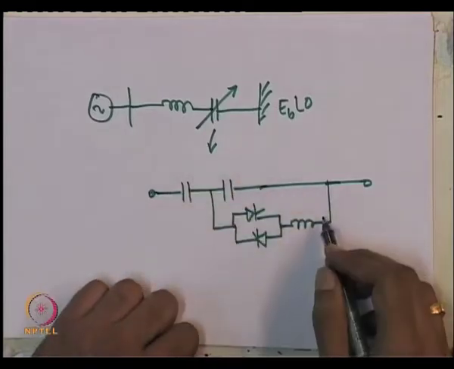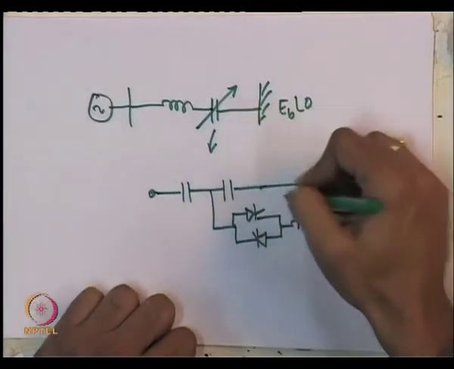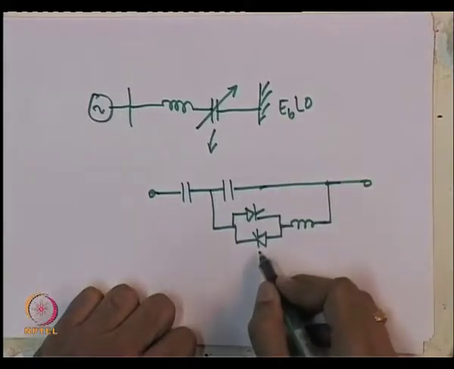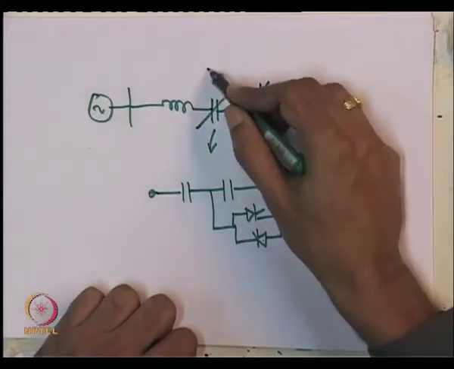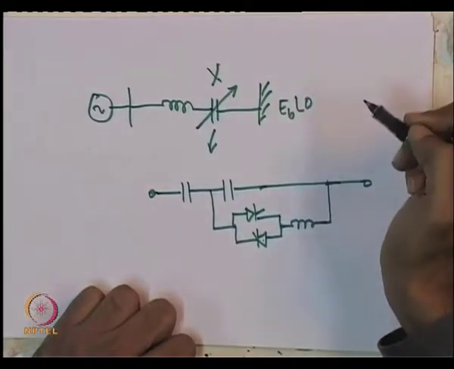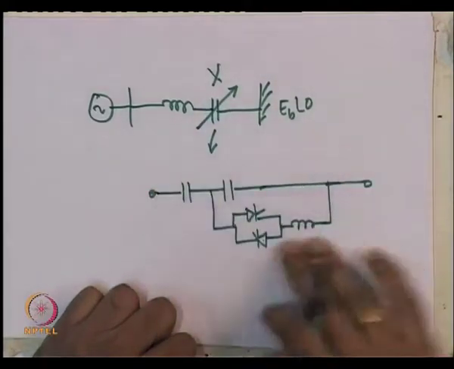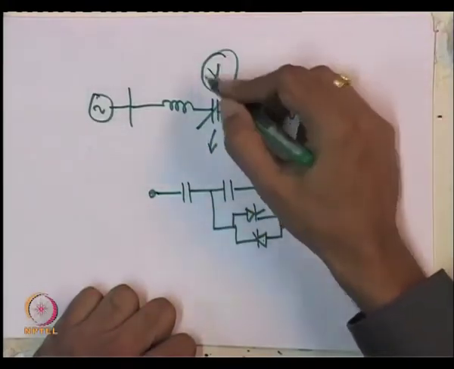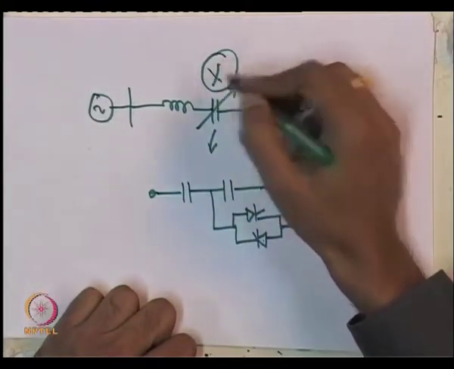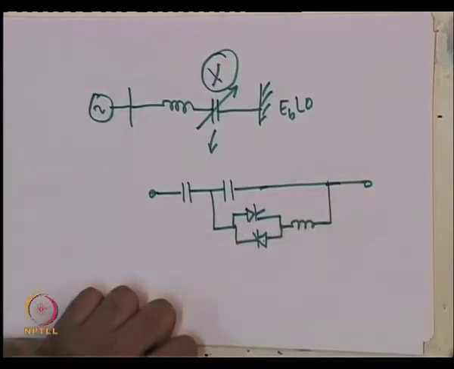In this system, this is a variable reactance, and by controlling the firing angle of these thyristors, you can actually get a variable reactance. We do not go very much into the details of the workings of this, but let us just take it that you can have a variable x by changing the firing angle of these thyristors.